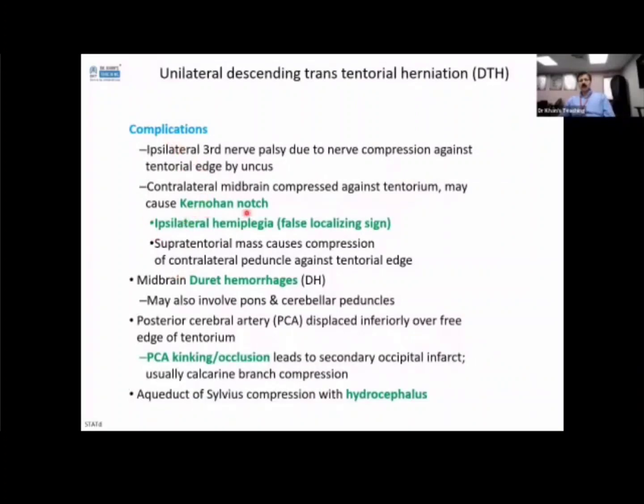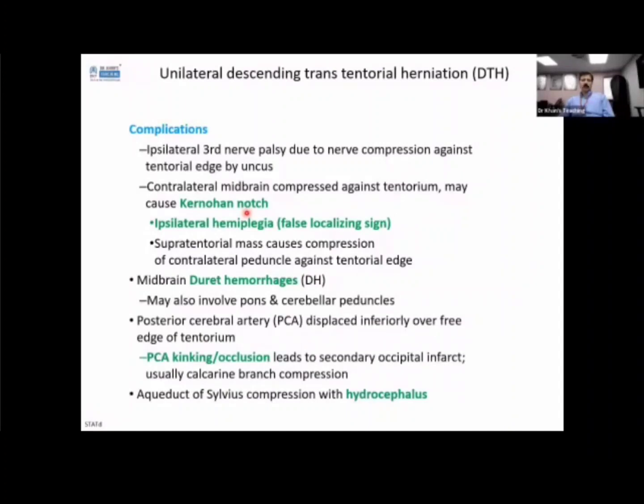Kernohan's notch. There was a pathologist by this name, Kernohan, who described this in a post-mortem study, where there is a sort of indentation. What happens is that the midbrain goes and is compressed against the dura on the contralateral side.